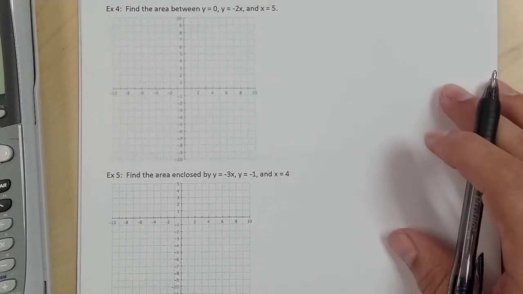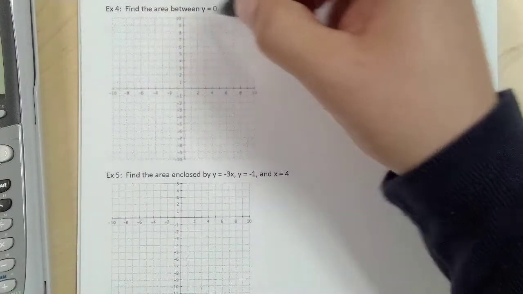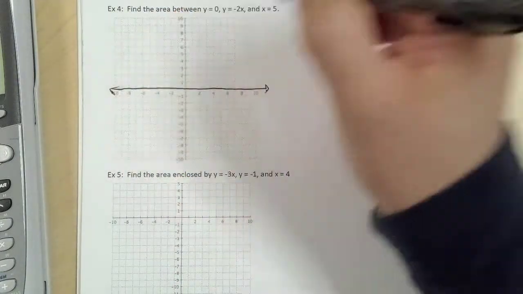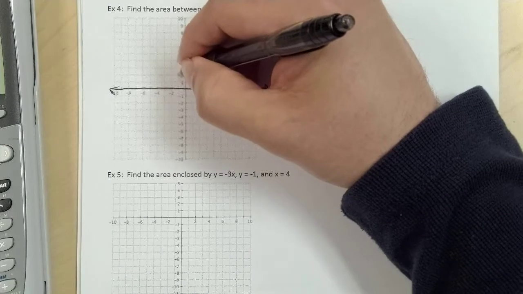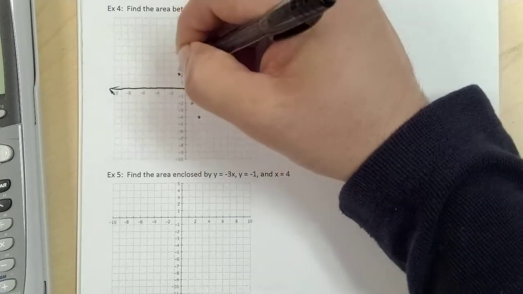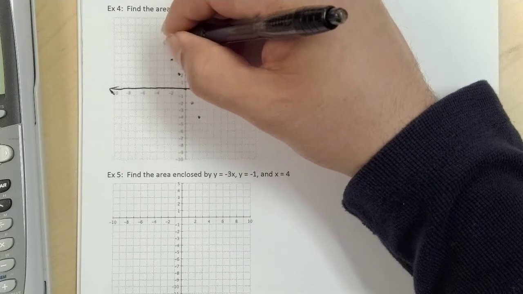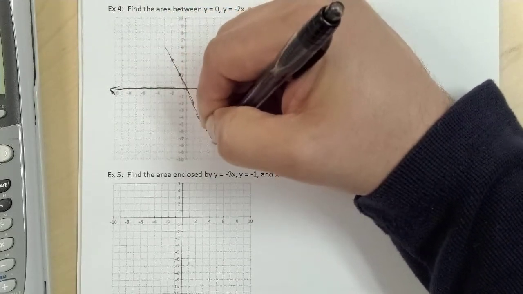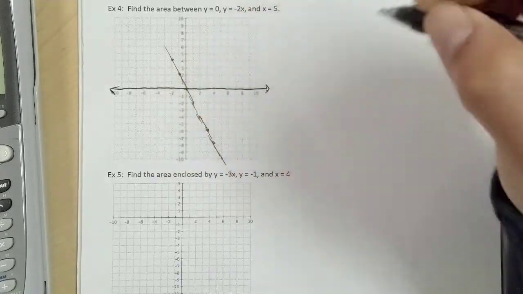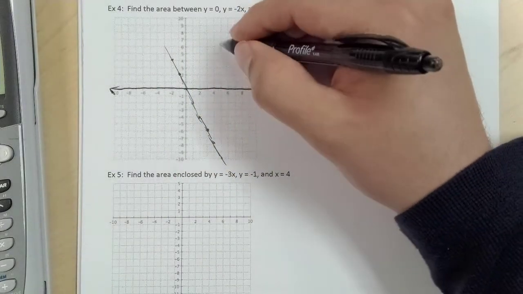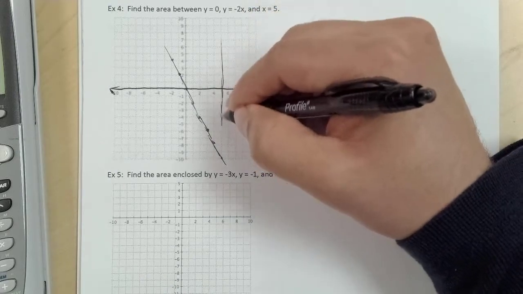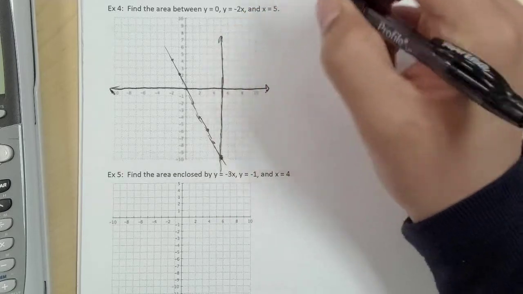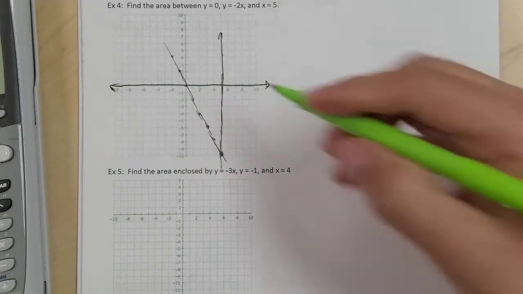All right, let's at least quickly set these up. Find the area between y equals 0. Here's y equals 0. Negative 2x. Slope is negative 2, so I'm just going to draw that in. And x equals 5. So what are we trying to find?